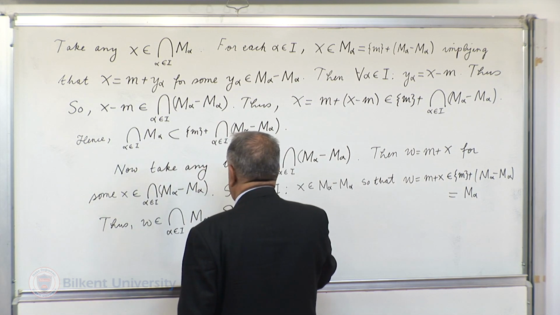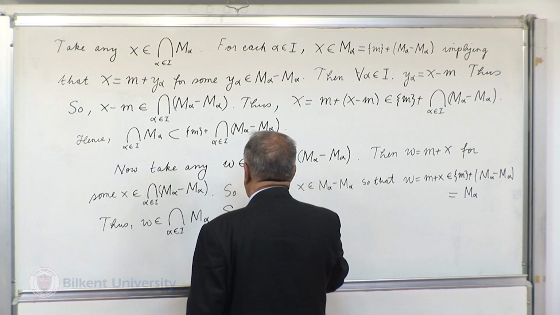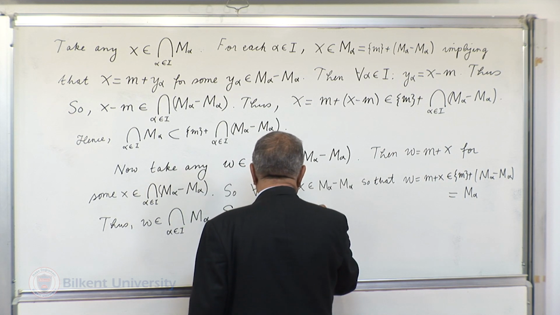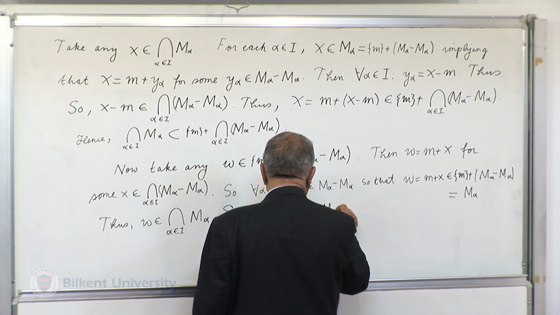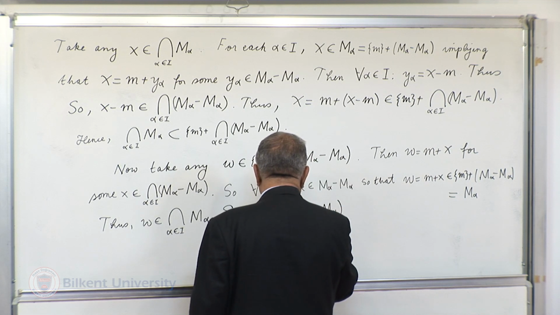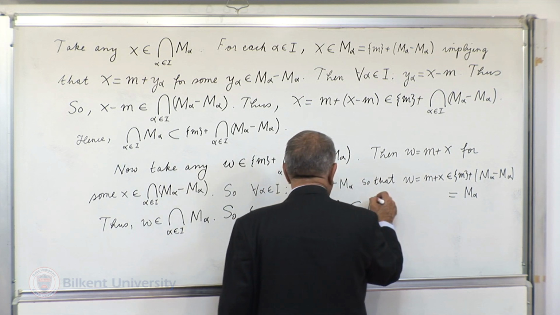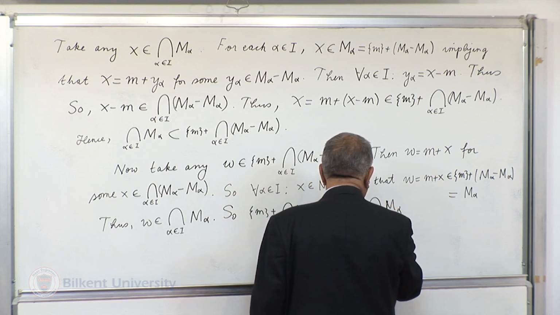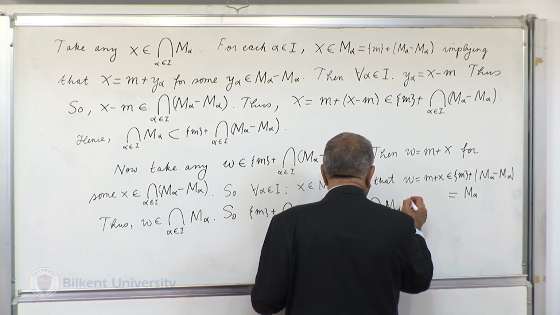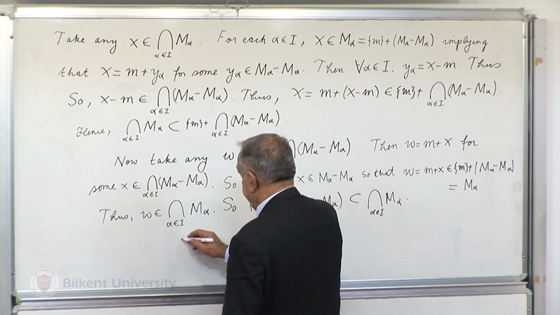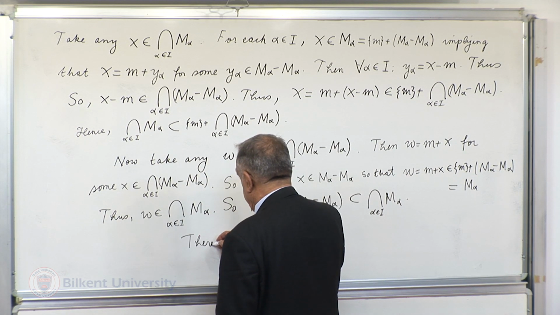So this set is also contained in the intersection of m alphas. Therefore, they are equal to each other.